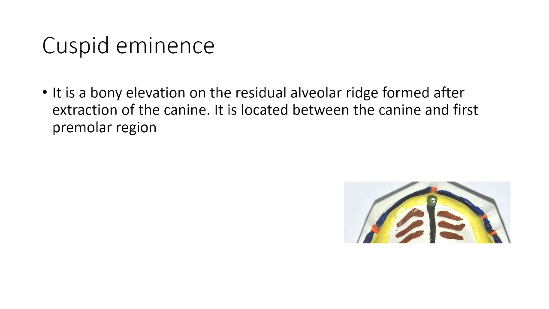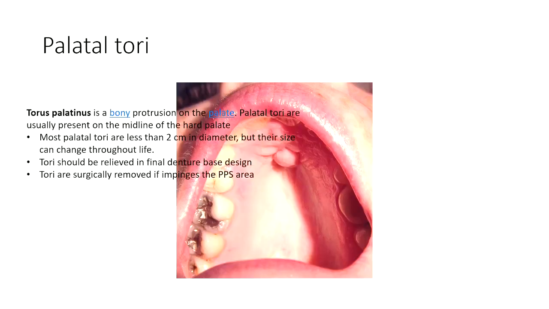The cuspid eminence is nothing but the place where you extracted your canine from. Now coming to the palatal tori, the torus palatinus is a bony protrusion on the palate, and the palatal tori are usually present in the midline of the hard palate. Okay, these are bony outgrowths. Most palatal tori are less than 2 centimeters in diameter, but their size can change throughout life. It may not stay as normal.